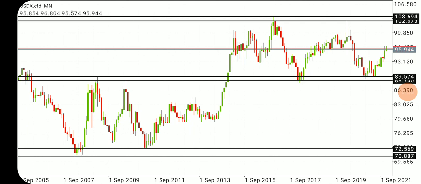Because if it goes up, then all XXX USD pairs are going to fall, and all USD XXX pairs are going to rise. If the dollar index falls, all XXX USD pairs are going to rise, and all USD XXX pairs are going to fall.